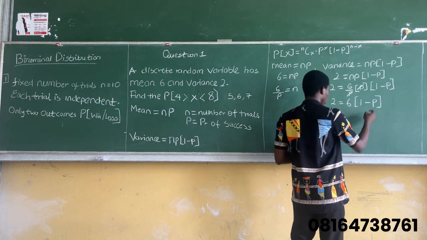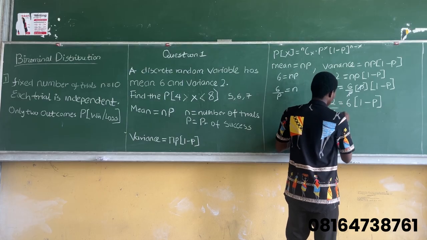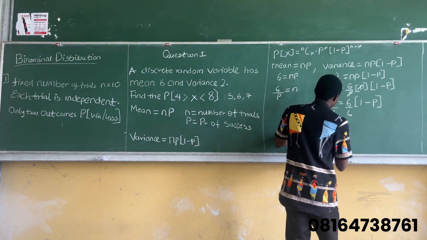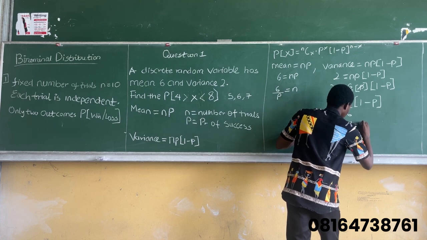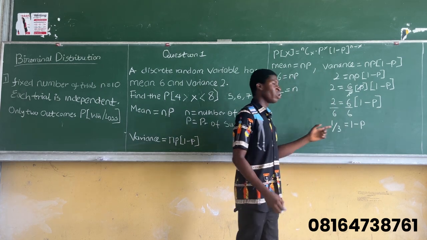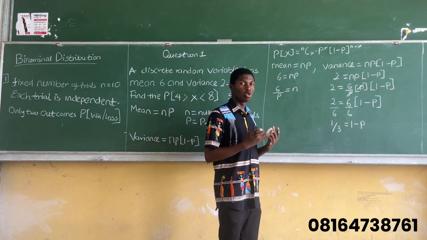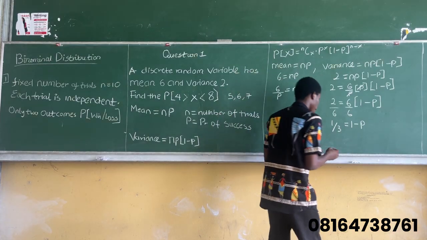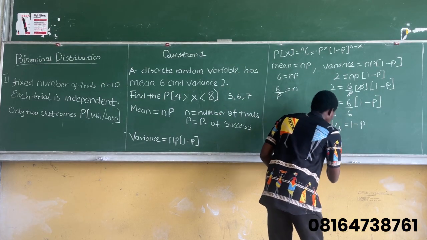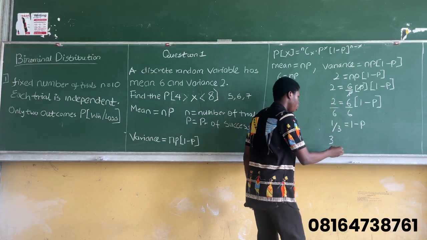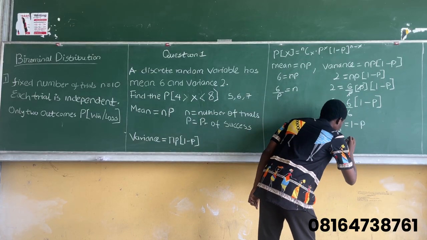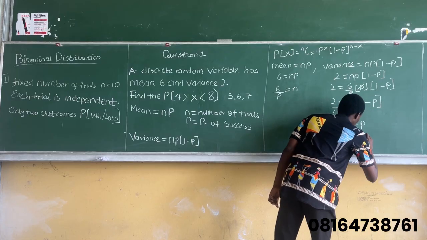So 2 divided by 6. We want to make p the subject of the formula. So this is 1 over 3 is equal to 1 minus p. What we'll do simply is cross multiply. So 3 multiplied by 1 is 3. 3 multiplied by minus p is minus 3p, is equal to 1.